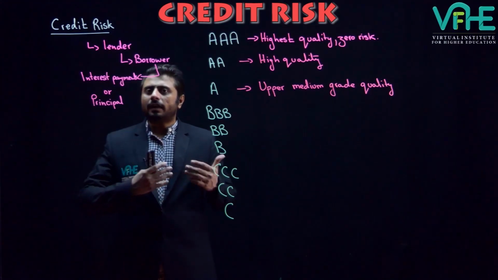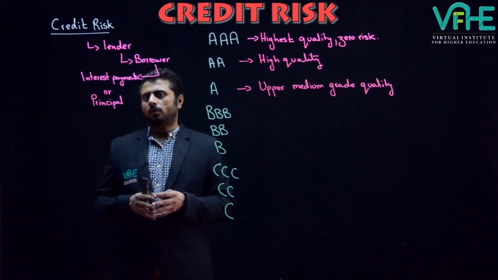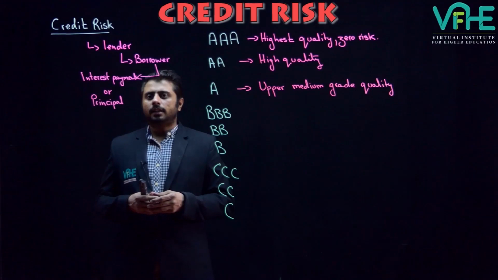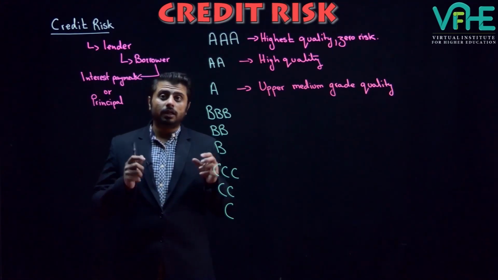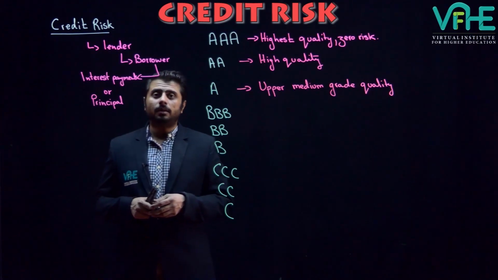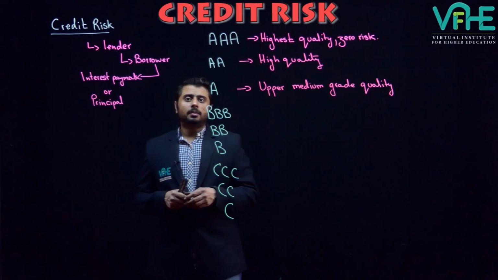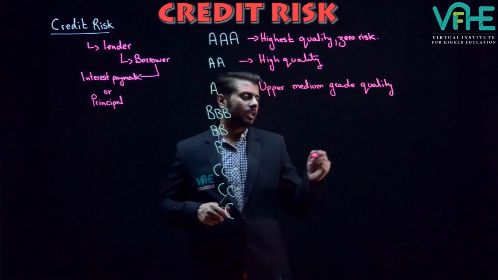Now there are certain factors which these credit rating agencies take into account when they give this sort of ranking, and the factors which have shown particular correlation with the likelihood that a company will default on its obligation are: number one, the magnitude and strength of the company's cash flows.